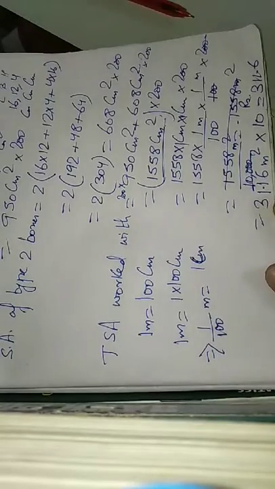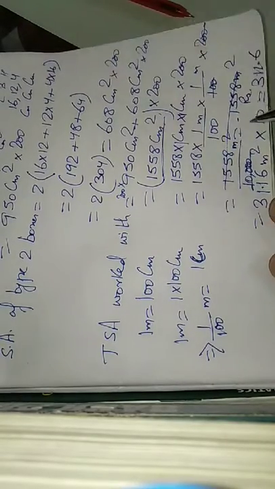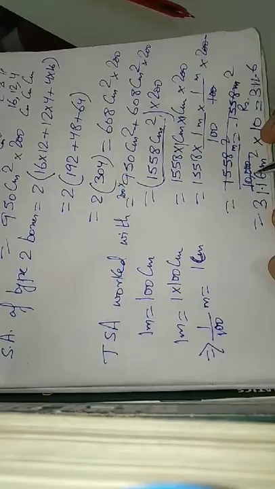Now one more thing is to be considered, what we have not considered. 4% of the total surface area is required extra for all overlaps. Students, this became a bit messy, right?